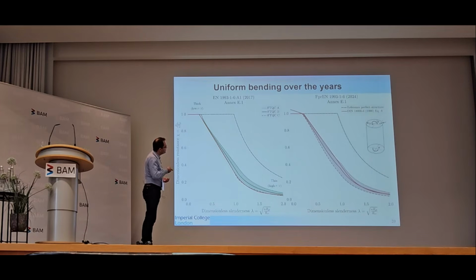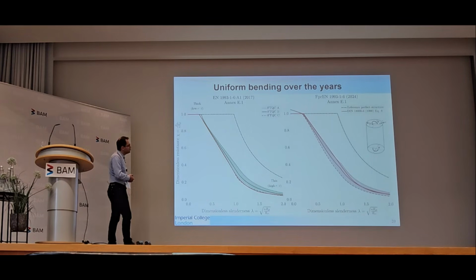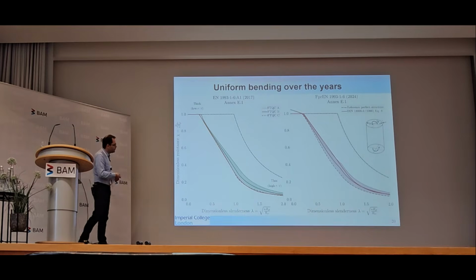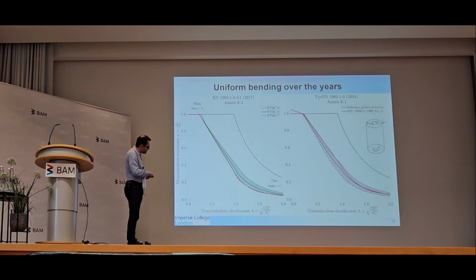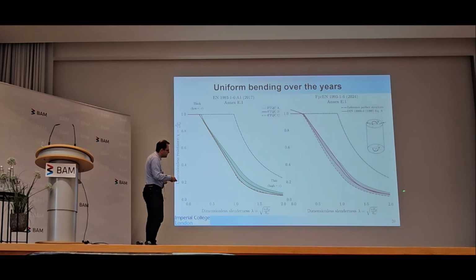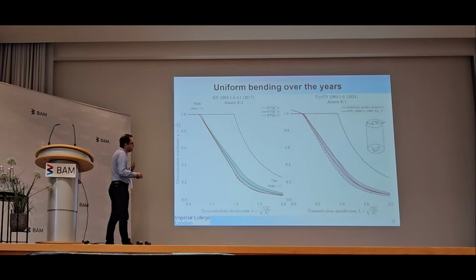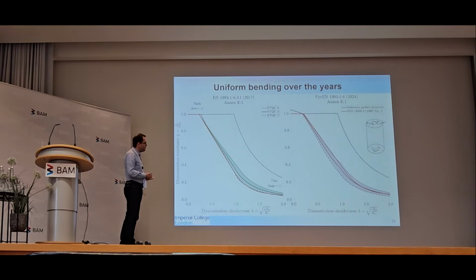And this also underwent a bit of a change in 2024. This was felt to be a little too unconservative, and we brought it down a bit, and we also made it more complete as a formulation.